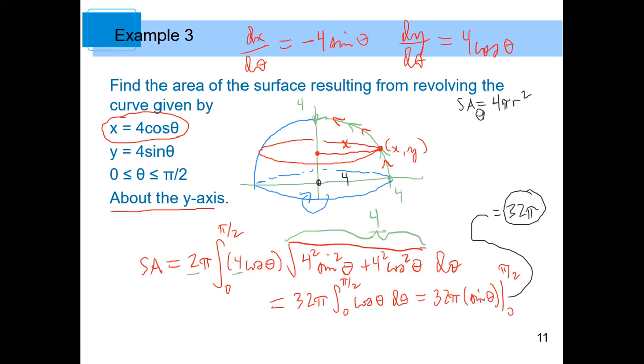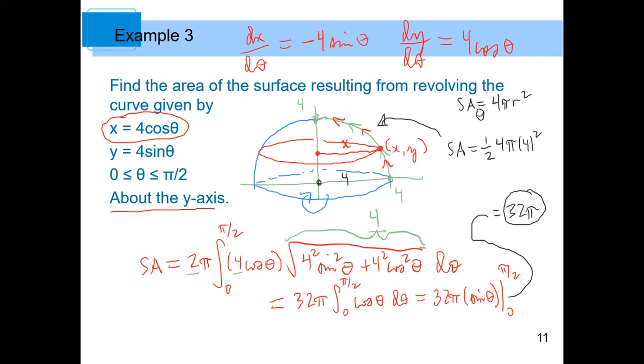So what should this surface area have been? Let's just check this. Just to check our answer, it should have been half. It's half a sphere, yes? Half of 4 pi. What is the radius in this case? 4, squared.